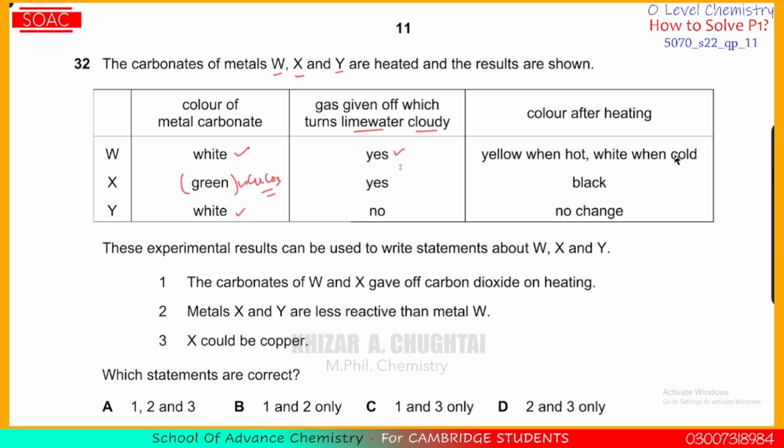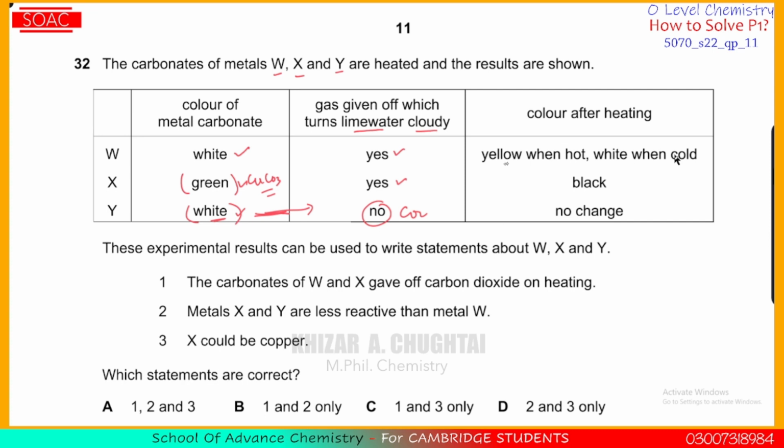So both are carbonates that are less stable. The last one, Y, is not going to give CO2, so it means that this is a member of group 1 elements. A white carbonate that does not decompose has high reactivity, so it may be part of group 1.